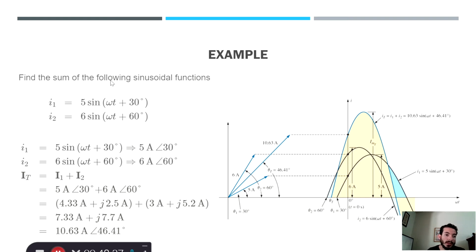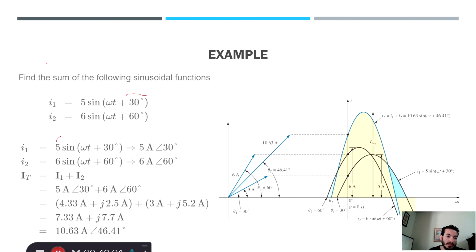Let's do another example. So in this case, they're giving us the current 1 is 5 sine omega t at a 30 degrees offset, and there's a second current at an amplitude of 6 amps in sine of omega t at a 60 degrees offset. So if you want to add them together, it's going to be pretty simple.